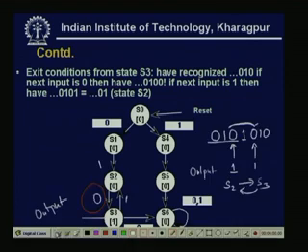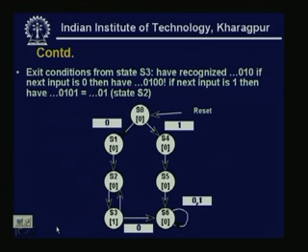Now, if a 1 comes, every time it will give a 1 output, and the loops like 0 1 0 0 1 0 will be in between S2 and S3.